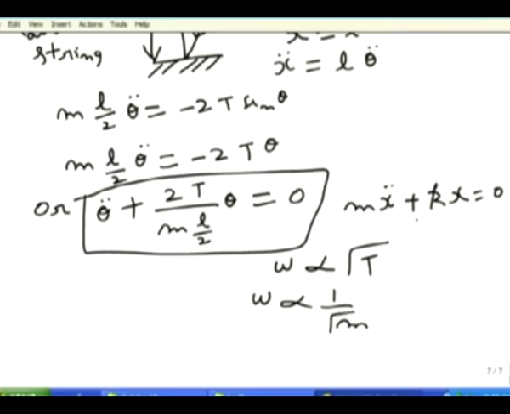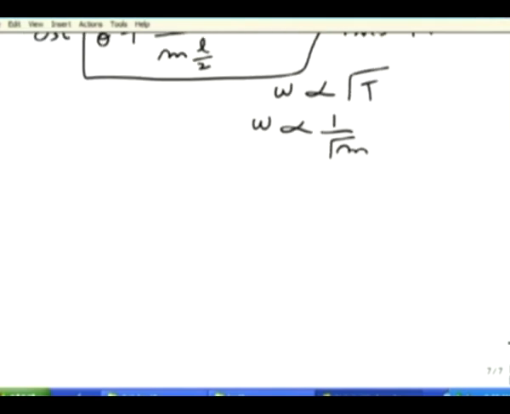Here k is not changing, is not a function of x. If k is a function of x, then the equation will become non-linear and you will get non-linear vibrations.